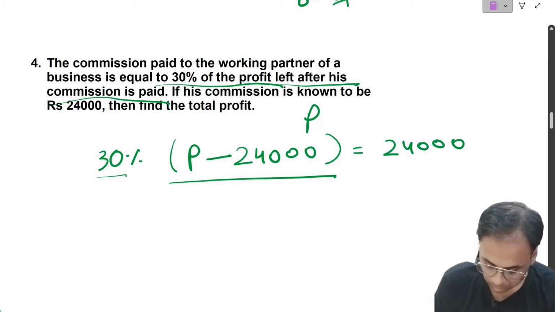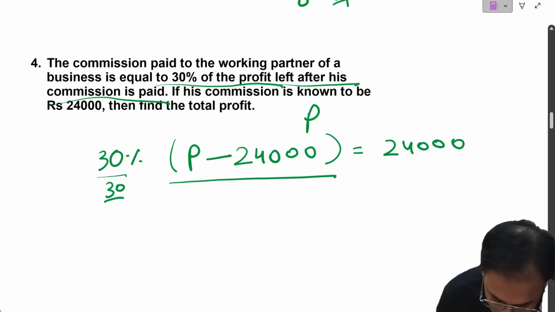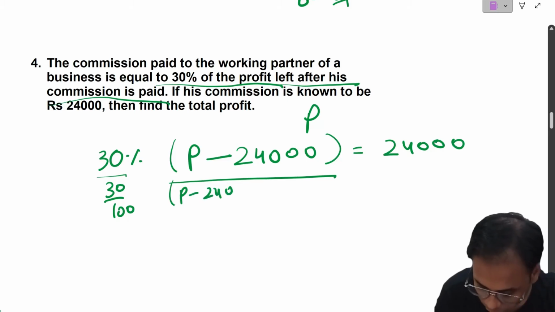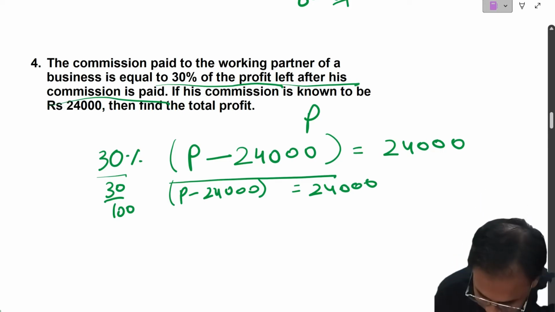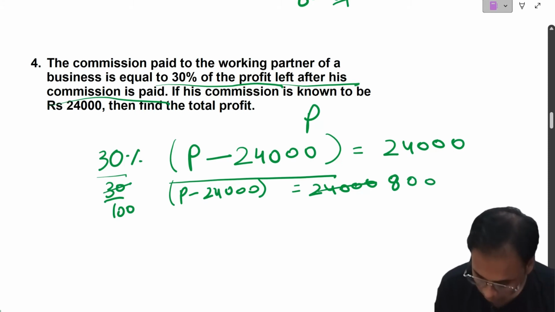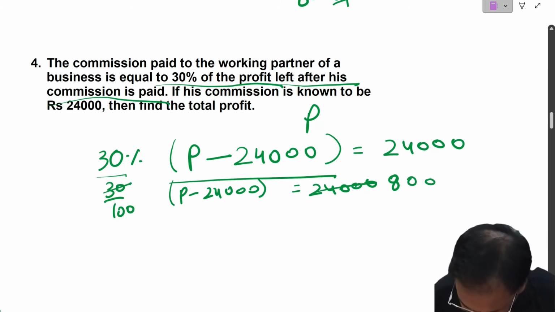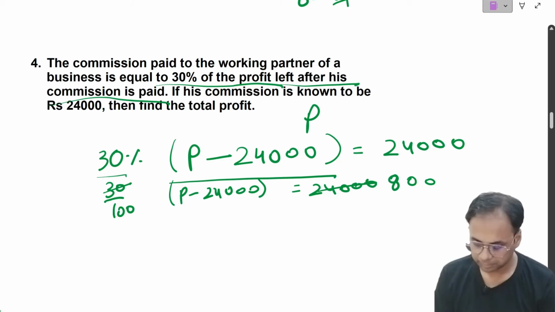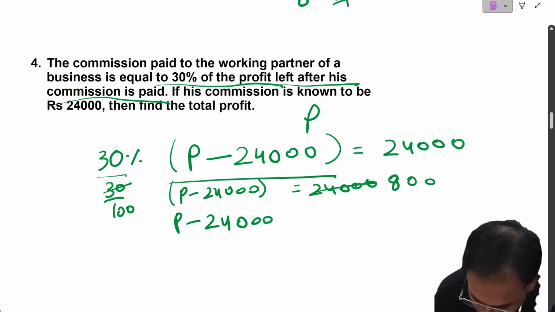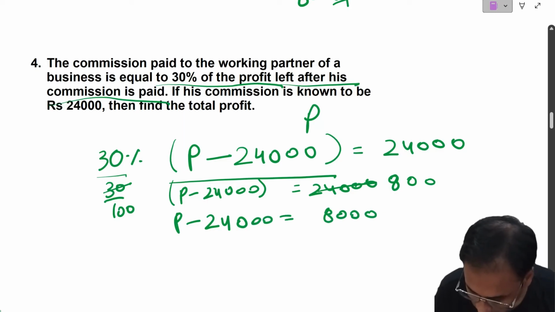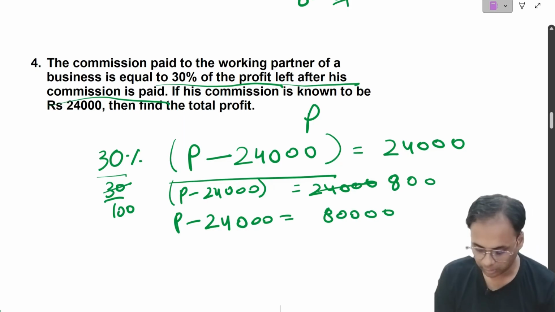So we have 30 by 100 into P minus 24,000 is equal to 24,000, and then we can just cancel it out. We have 800 coming over here, and so we have P minus 24,000 is equal to 80,000 by multiplying it with 100.